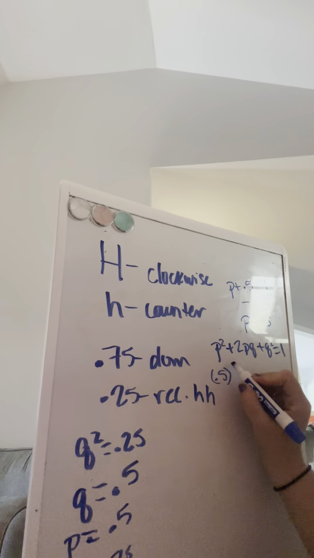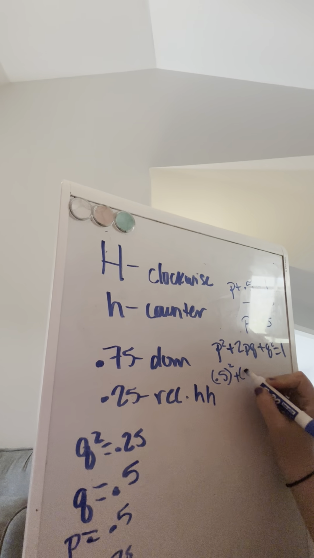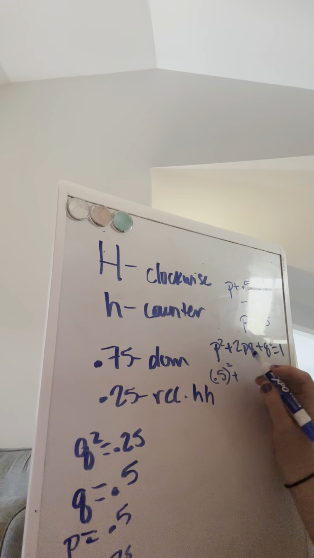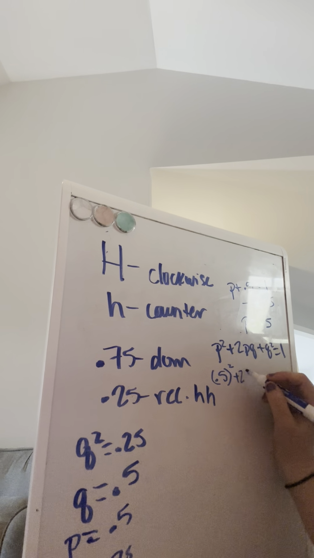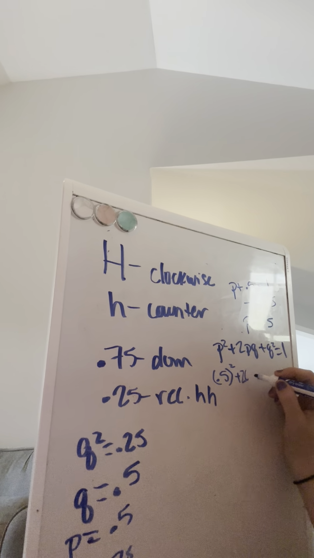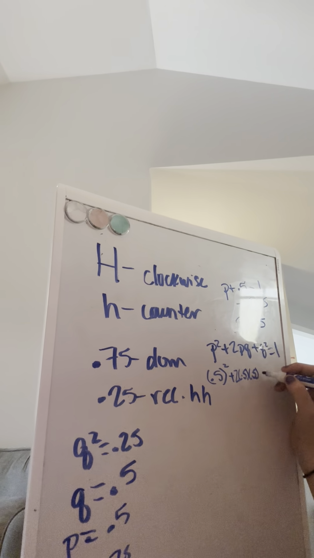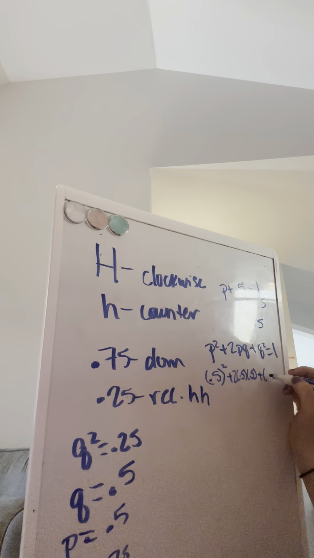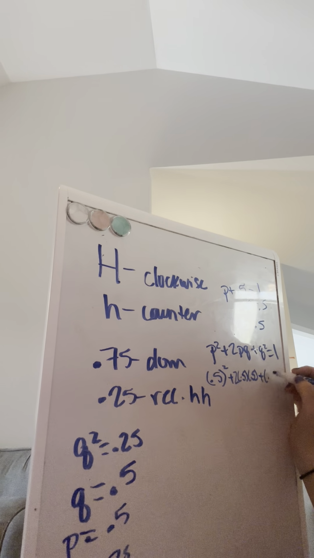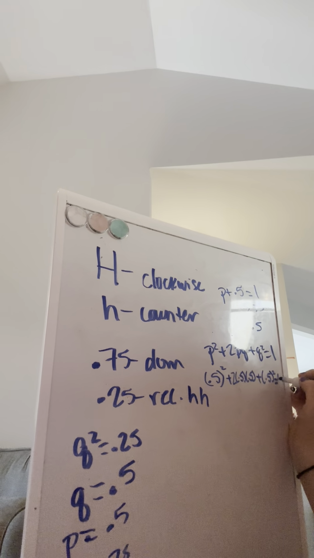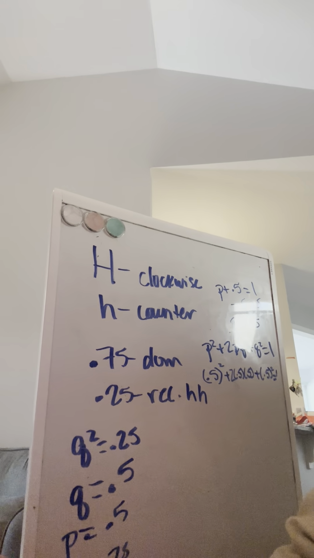0.5 squared plus 2 times 0.5 times 0.5 plus Q squared, which is 0.5 squared, should equal 1. All right?